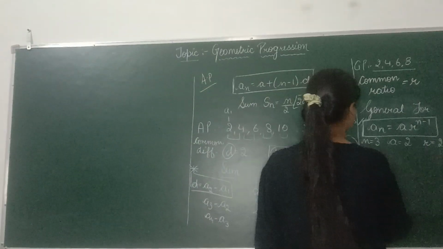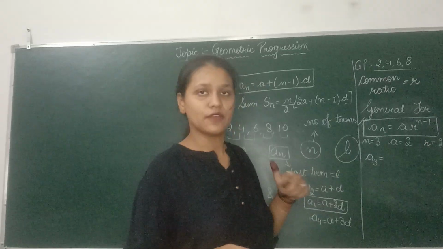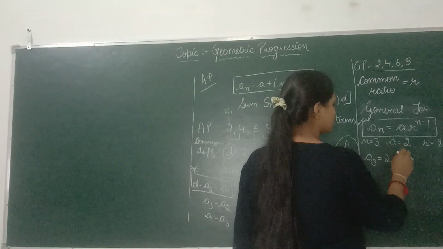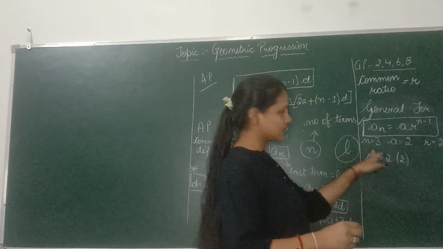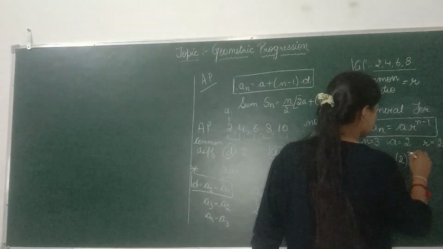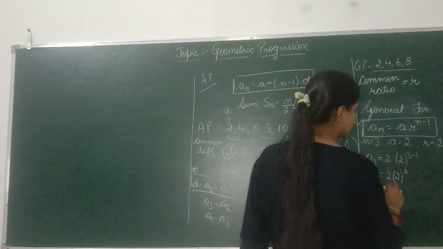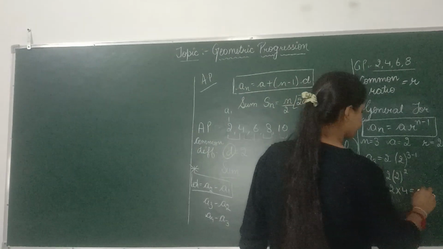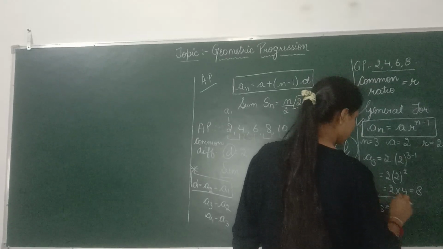Then we put the values: A3, n equals 3, A is 2, R is 2. 3 minus 1 is 2, 2 square is 4, 4 times 2 is 8. So the third term is 8.